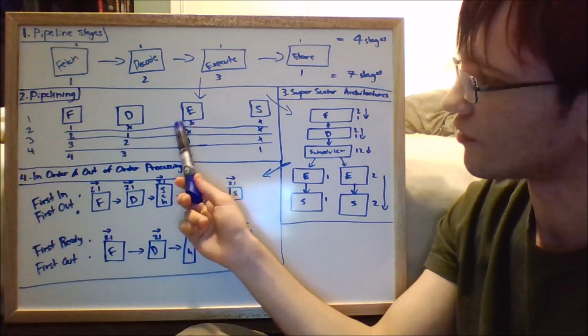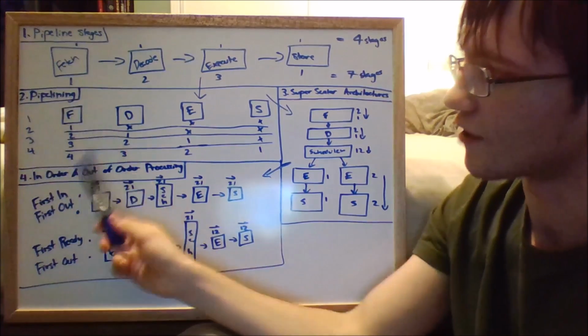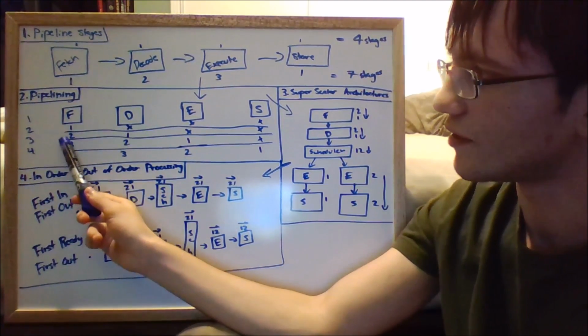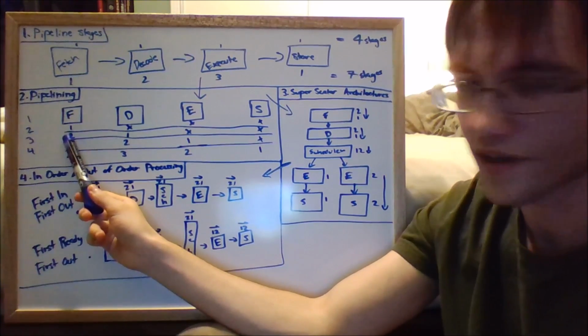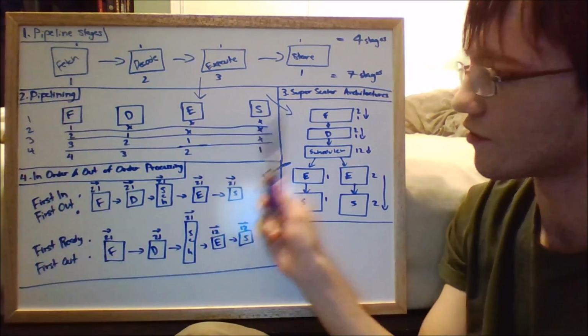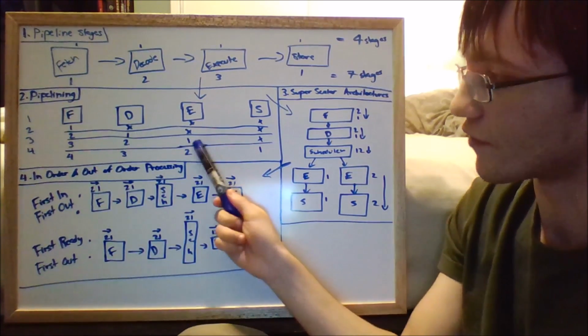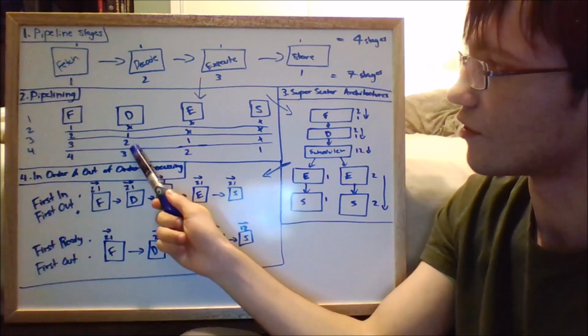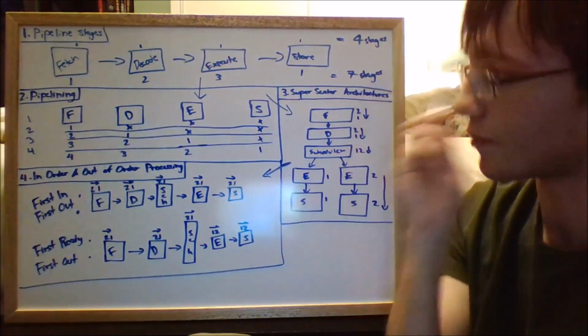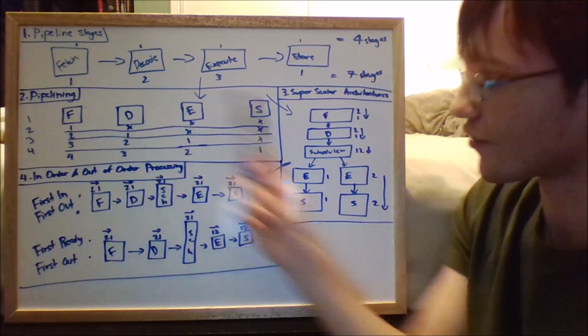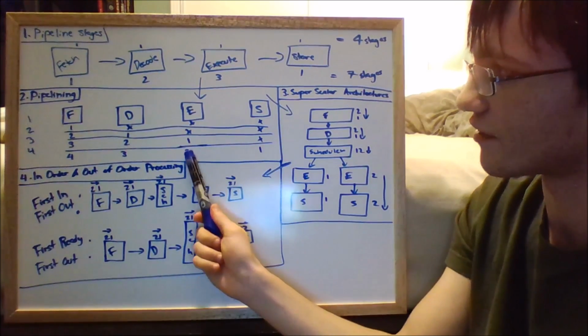Decode is empty, execute is empty, store is empty. Second clock cycle: the first one will move over to decode, and the second instruction will get to fetch. Execute empty, store empty. Next clock cycle, the first one has moved on to execute, second one to decode, third one is loaded in, store is empty.